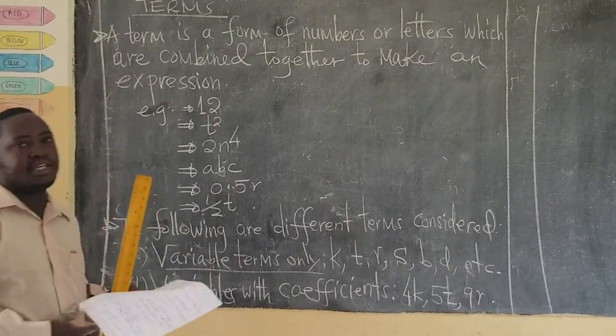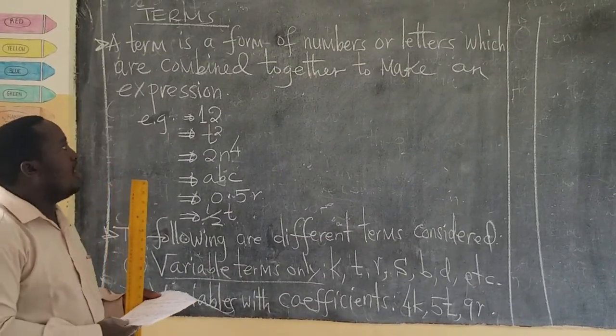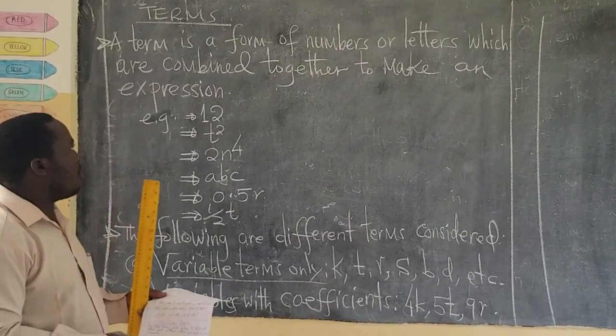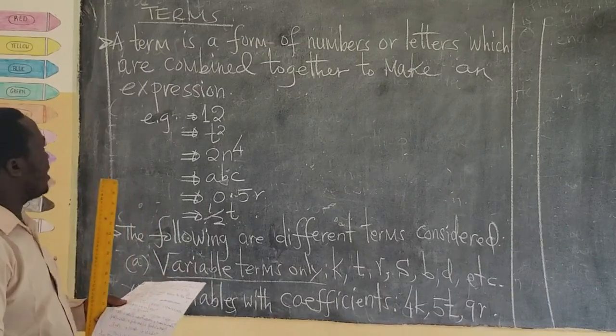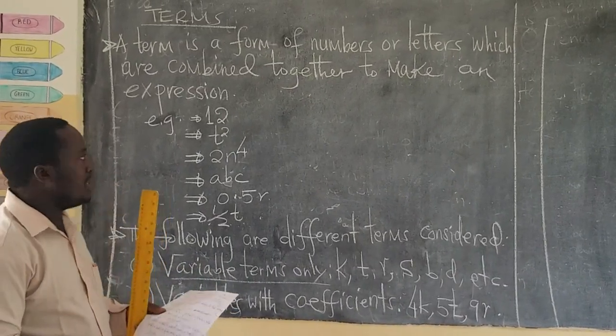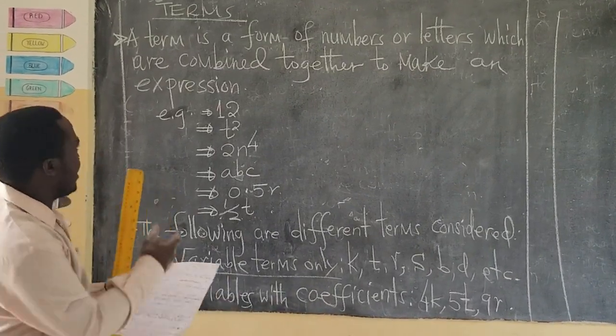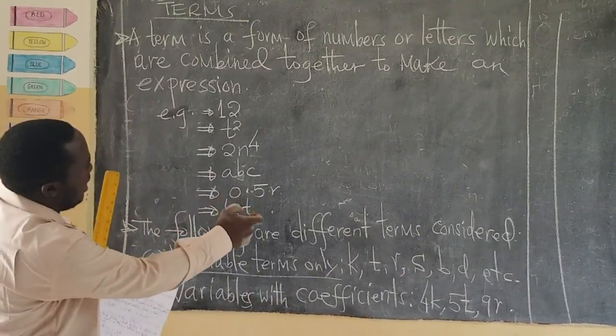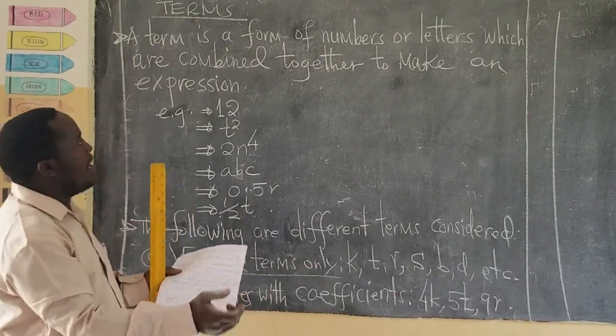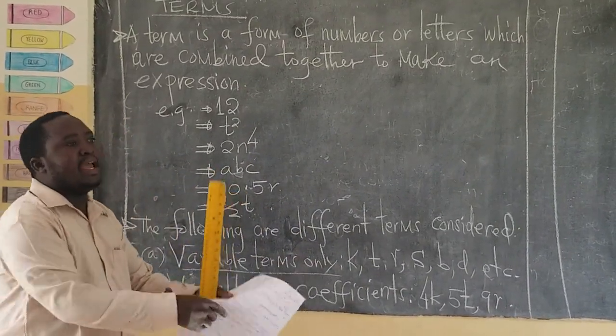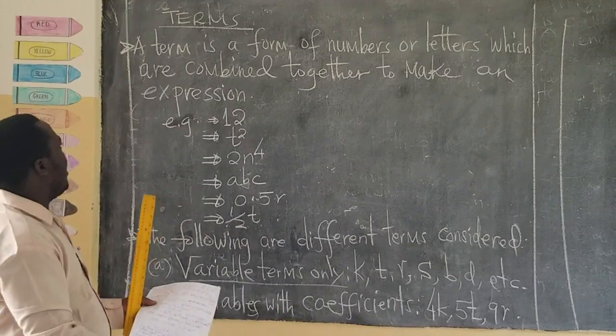A term is a form of numbers or letters which are combined together to make an expression. So we say this is an expression because it's being formed by terms. A term can be a number, or a letter, or a combination of numbers and letters together.